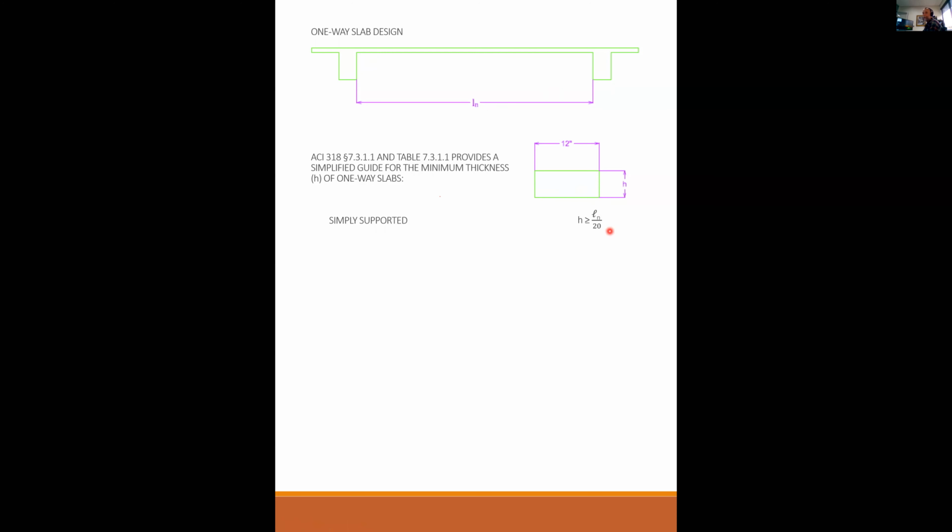Now you have to watch your units on this. If the clear span is, say, 15 feet, then 15 divided by 20 gives you 0.75, but that means h needs to be 0.75 feet. If I take my clear span to be 15 times 12, or 180 inches, then 180 inches divided by 20 is 9 inches, and of course 0.75 feet is 9 inches.